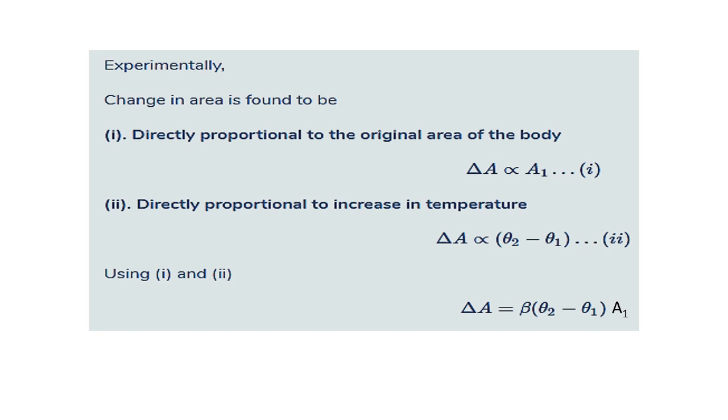Again, experimentally, it is found that the change in area is directly proportional to original area, and directly proportional to change in temperature. When you combine these two, you will get delta A is directly proportional to A1 into θ2 minus θ1. When you remove the proportionality sign, there will be a constant, and this constant is beta.